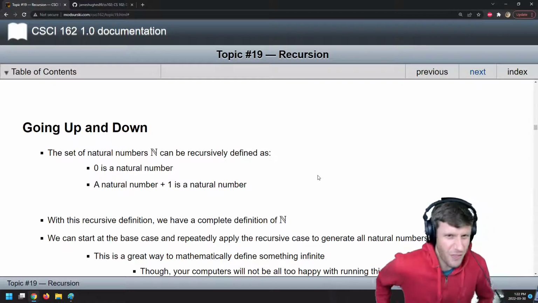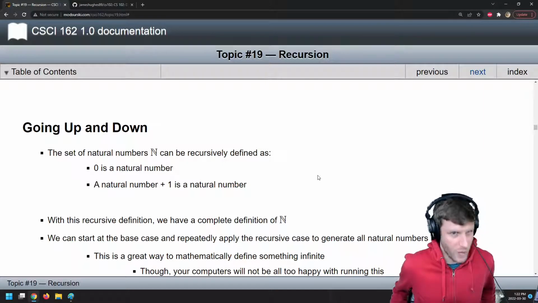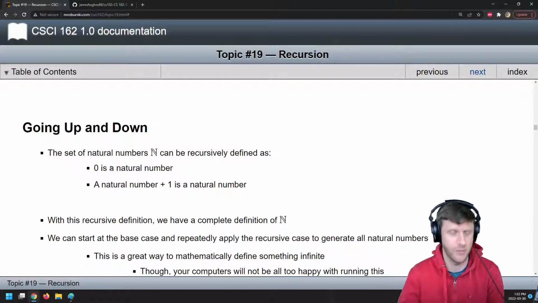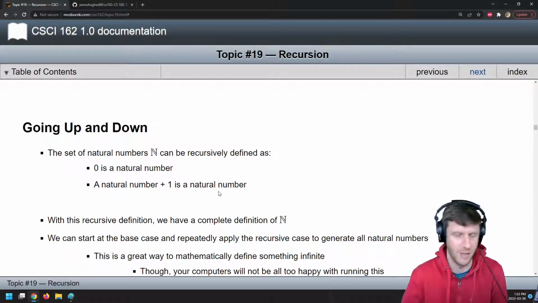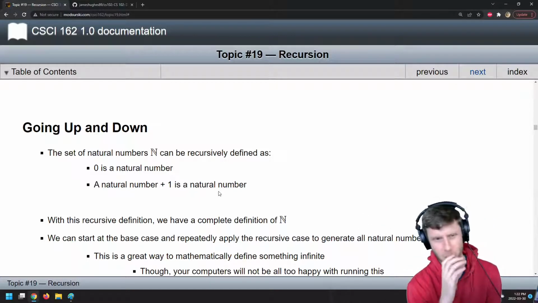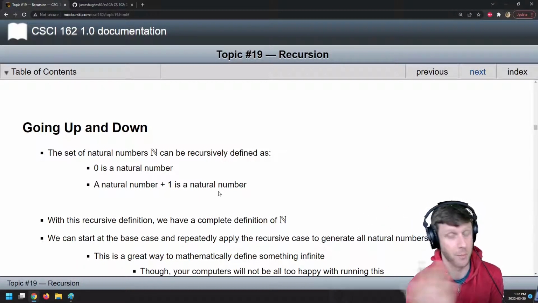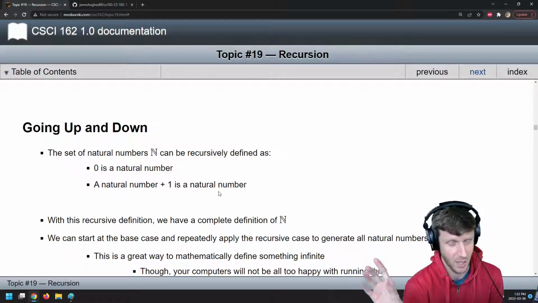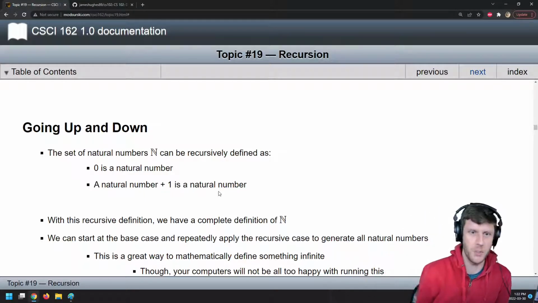Now, with this recursive definition, we have a complete definition of the natural numbers. And for those of you that don't remember, the natural numbers are 0, 1, 2, 3, 4, 5, 6, 7, and so on. With only two little statements there, which is pretty cool.